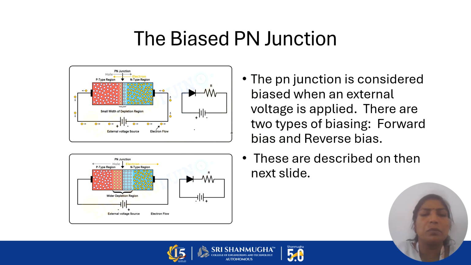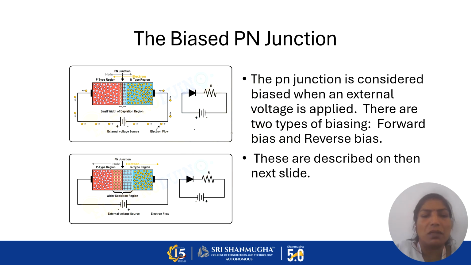The P-type material consists of majority holes and minority electrons, and N-type material consists of majority electrons and minority holes. So this area is the depletion region. The depletion region decreases in forward bias and barrier voltage reduces. So the current flows easily.